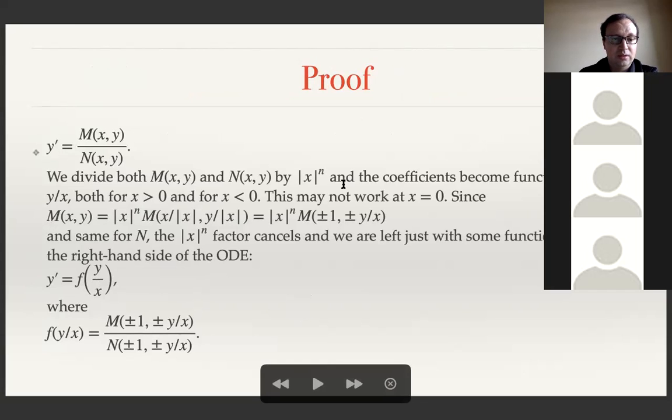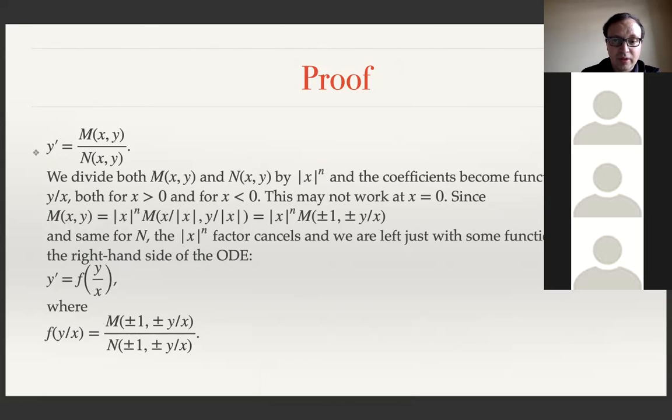Now, let's divide both the denominator and the numerator in the fraction by absolute value of x to the power n. So again, this makes sense in general when n is a complex number. Powers of non-negative real numbers are well defined when the exponent is well defined and uniquely defined when the exponent is a complex number. And let's see what happens.